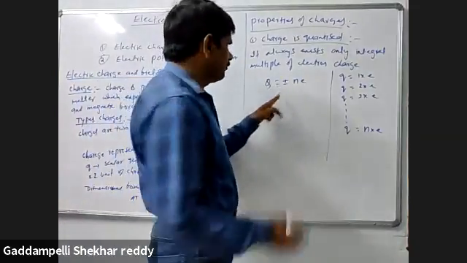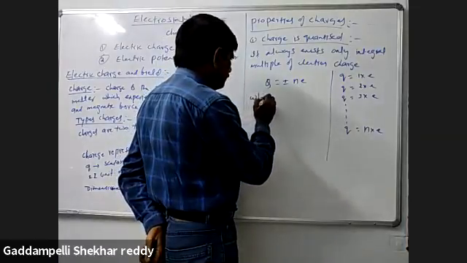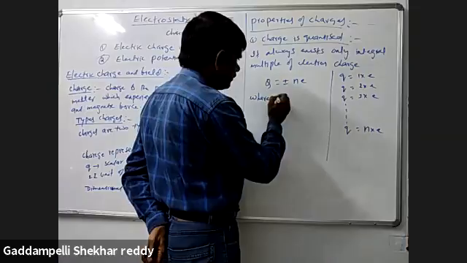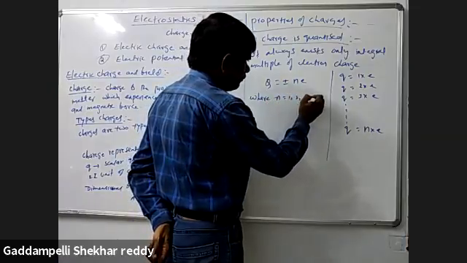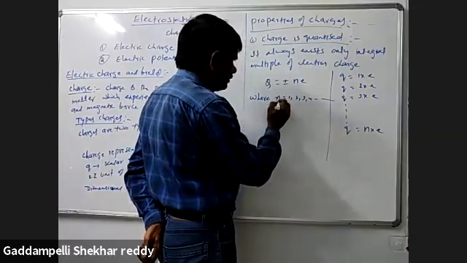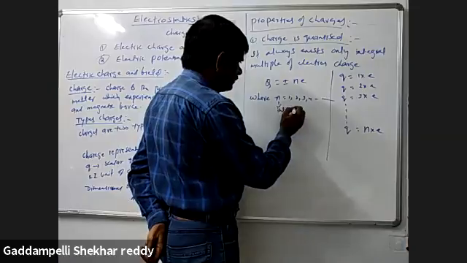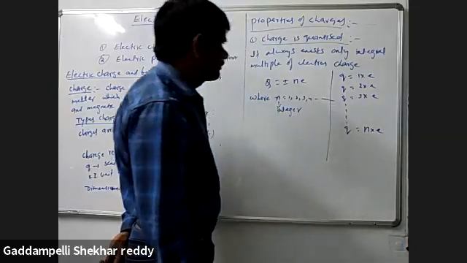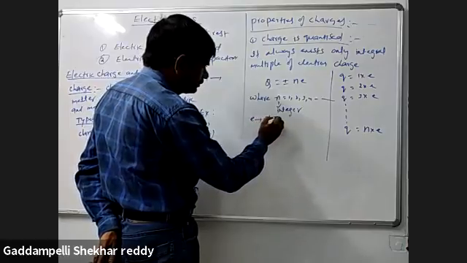So finally, Q is equal to plus or minus Ne, where n is equal to 1, 2, 3, 4 and so on, an integer, and e means the electron charge.